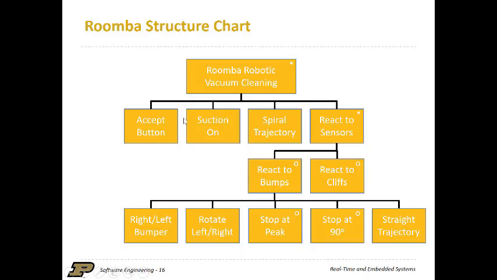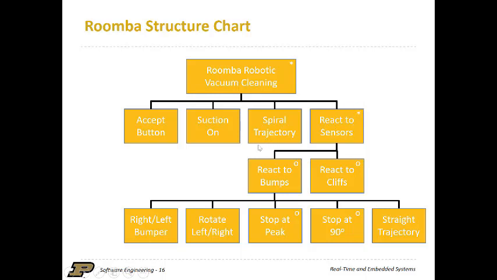But let's get back to the current implementation according to the way we've implemented it in the flowchart and the state transition diagram. The order from left to right is accept the button, turn on the suction, execute the spiral trajectory, and then react to sensors. And here's one of those repetitive things, right?